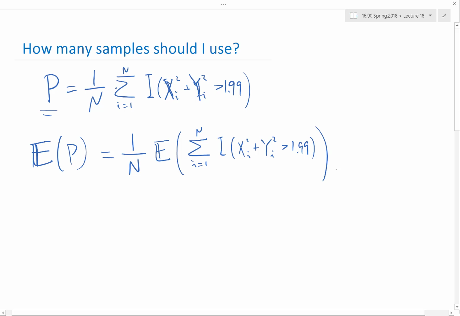Right? And then another opportunity to apply linearity. The expectation of a summation is just equal to the summation of expectations. So expectation of this indicator random variable.